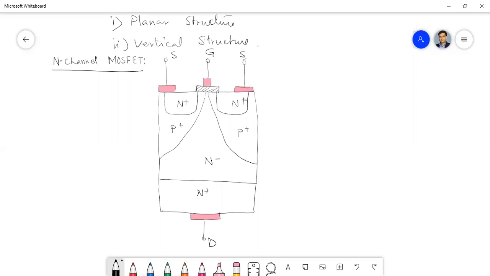So it's the structure of N-channel MOSFET, and the connection which is given by this pink color is basically made up of metal contact, and this layer which is drawn by this hatched line is basically a layer of silicon dioxide, or any metal oxide also you can use. So this layer is silicon dioxide.